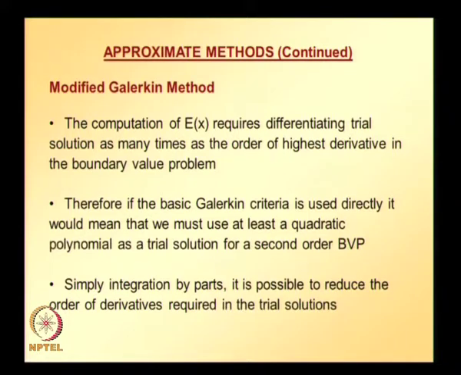The residual is going to contain only the first order derivative, so we can start with a linear polynomial as trial solution. These are the points that we already noted when looking at the modified Galerkin method. That is the reason why we use integration by parts in the modified Galerkin method compared to the basic Galerkin criteria.